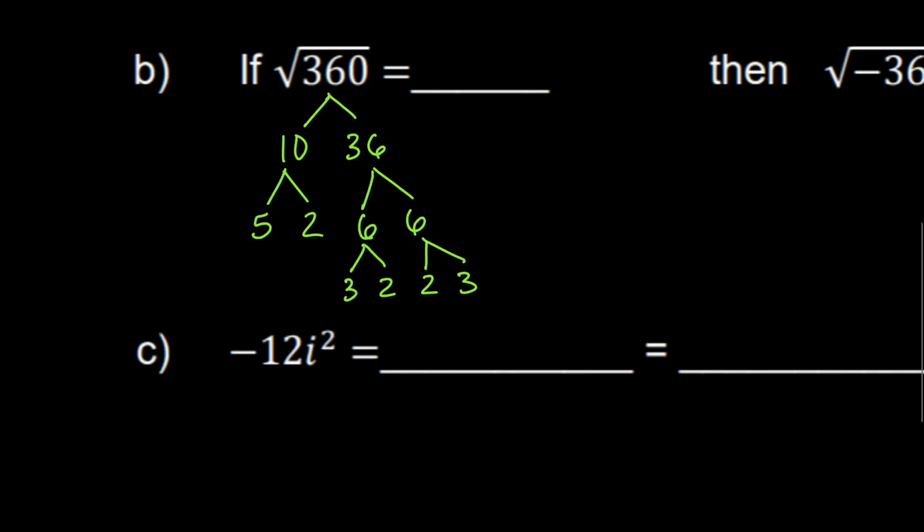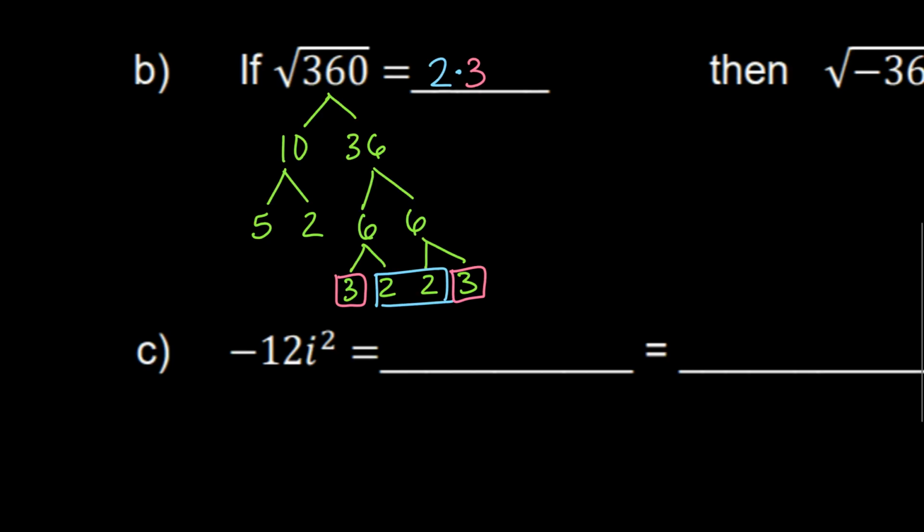So do you remember how to do this? Where are our pairs of numbers? Good. I have a pair of 2's, so I know I'm going to write a 2 on the outside. And I also have a pair of what? 3's. So I'm going to write what? 3 where? Outside.